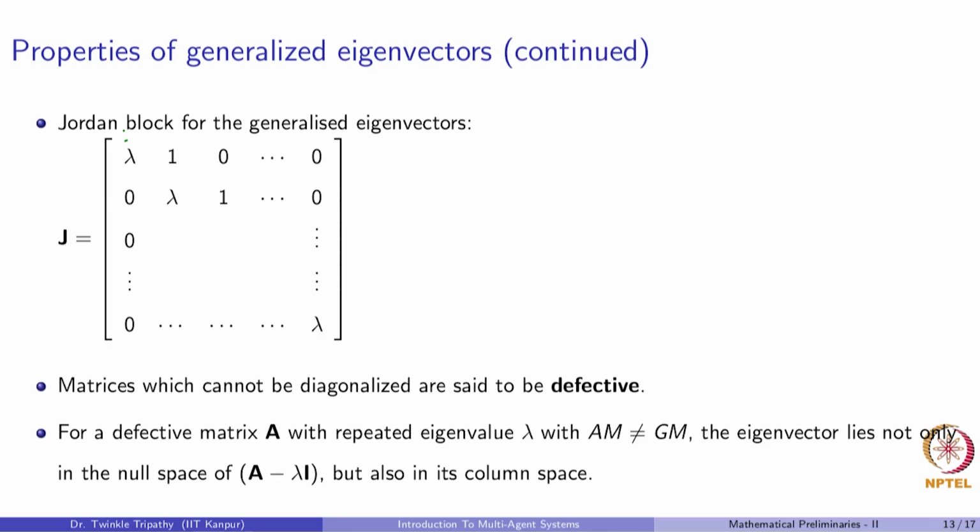Notice that we are now calling it a Jordan block. Why do we call it a Jordan block? Because it simply pertains to the eigenvalue lambda.